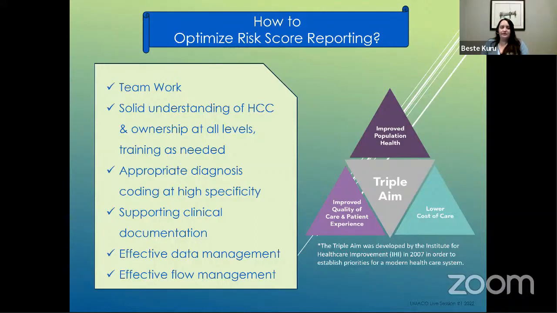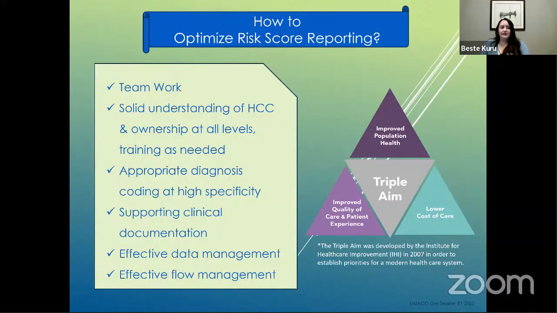Everyone at every level, from nurses to post-visit chart audits to the billing team. It's really teamwork, and there is a need for a solid understanding of HCC and showing ownership of this process.